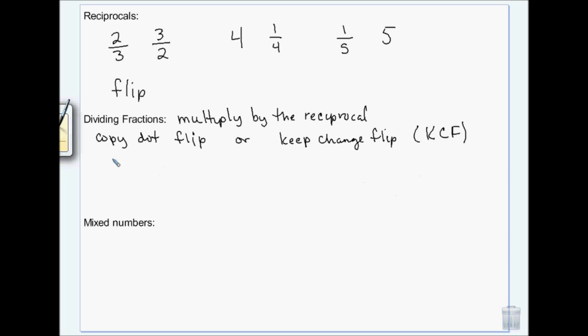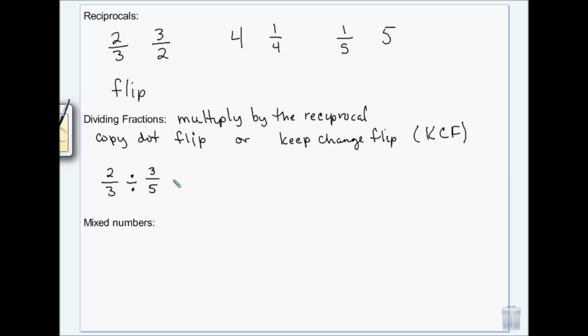But okay, so if I'm taking 2/3 and I'm going to divide it by 3/5. And the reason I chose that is because here, if this was multiplication, you'd go, oh, I can cross cancel that. But you cannot cross cancel in division. You can only cross cancel after you've turned it to multiplication.